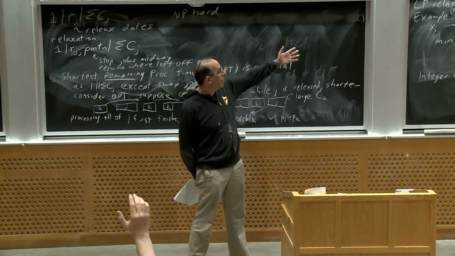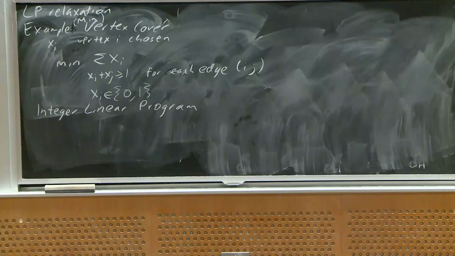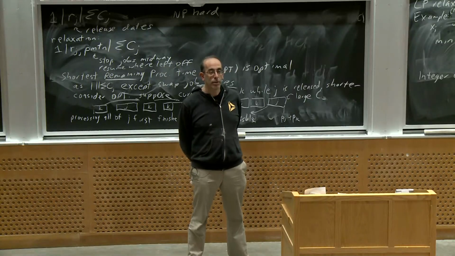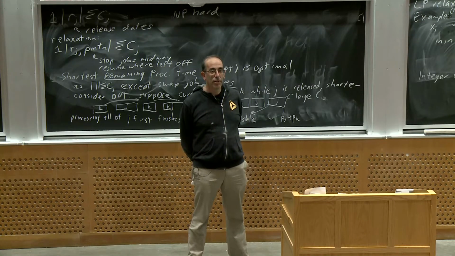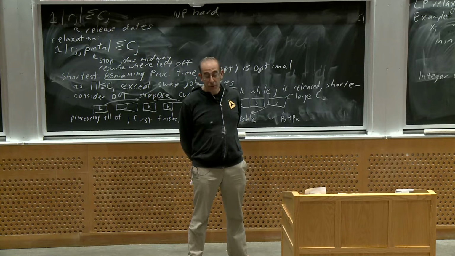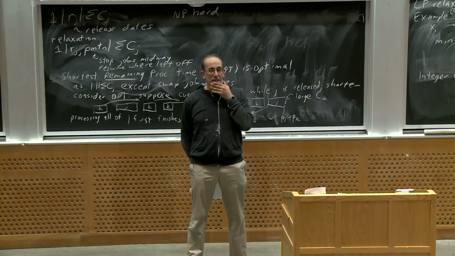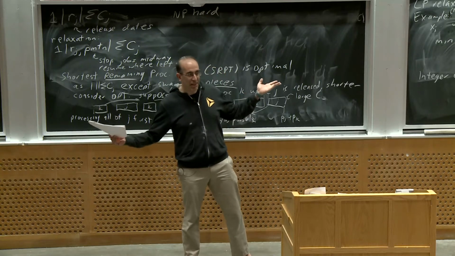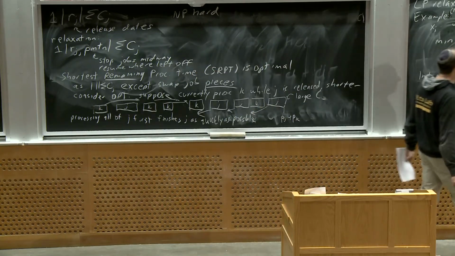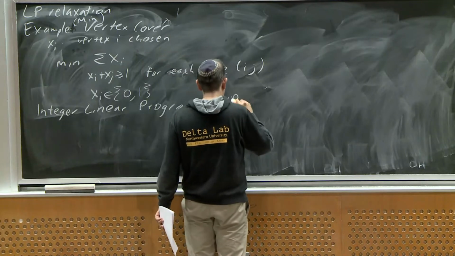Okay, so what did I show you here? I showed you that I could solve the vertex cover problem by solving an integer linear program. So what in particular have I proven about integer linear programming? It's NP-hard, right? I've just given you a reduction. So integer linear programming is NP-hard.